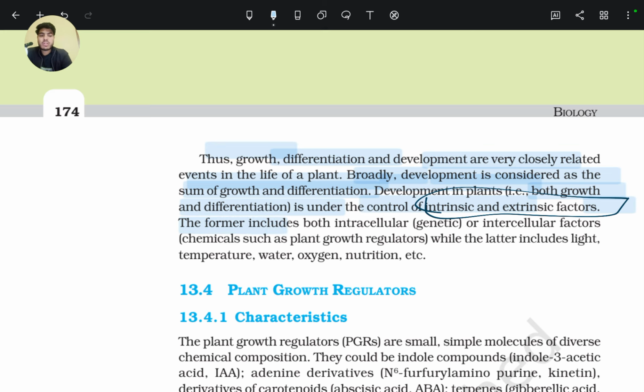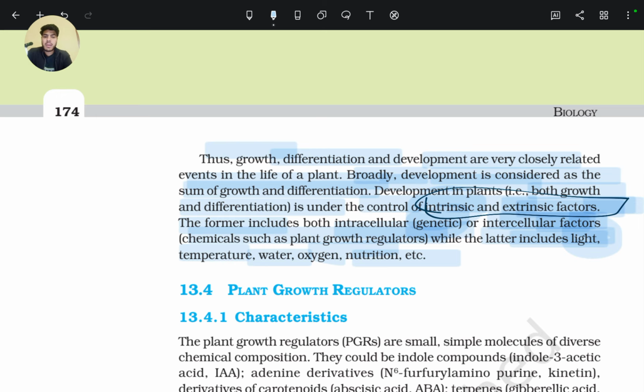The former, the intrinsic factors, include both intracellular or genetic, and intercellular factors, chemicals such as plant growth regulators or plant hormones, while the latter, the extrinsic factors, that is light, temperature, water, oxygen, nutrition, etc., also affect growth or the developmental process of the plant.